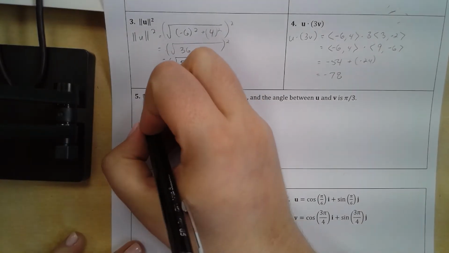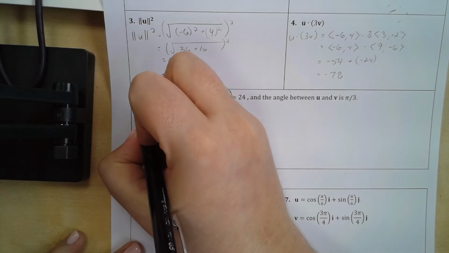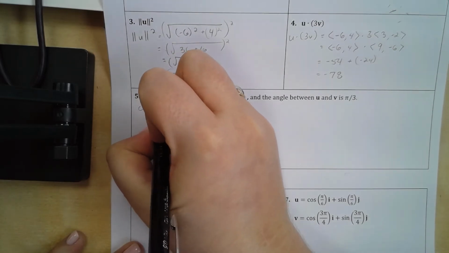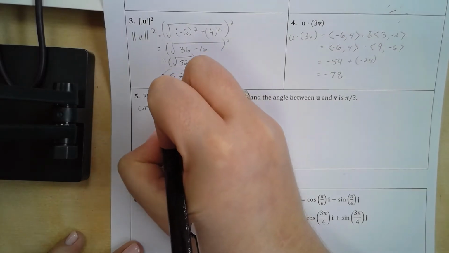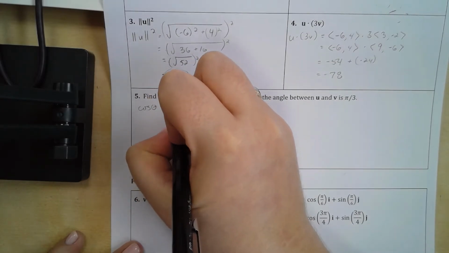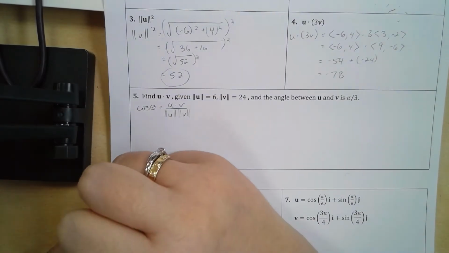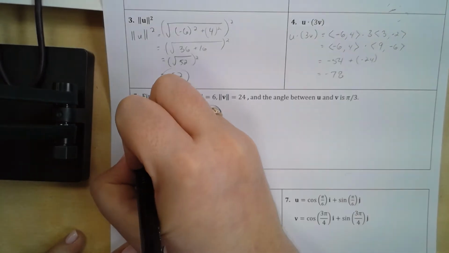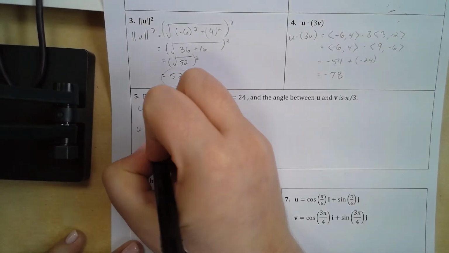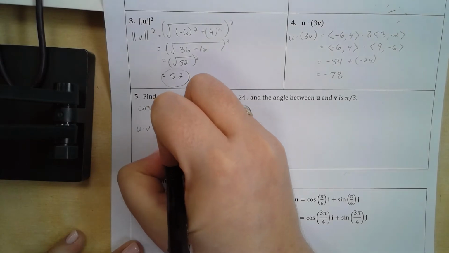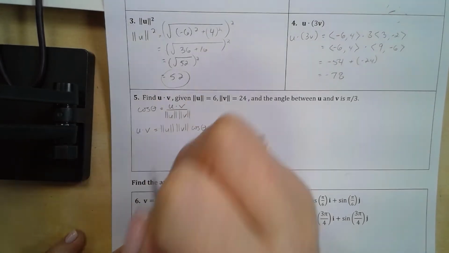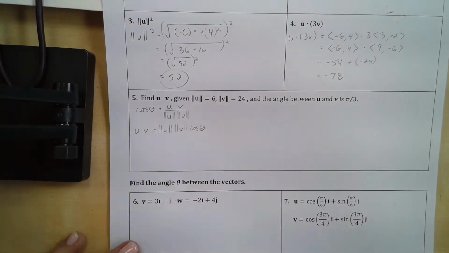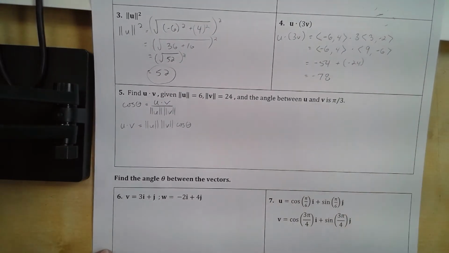If we know an angle, the cosine of theta is equal to the dot product of u and v over the magnitude of u times the magnitude of v. Another way to write this is that the dot product of u and v is equal to the magnitude of u times the magnitude of v times the cosine of theta. Okay, that's known information about angles between vectors.